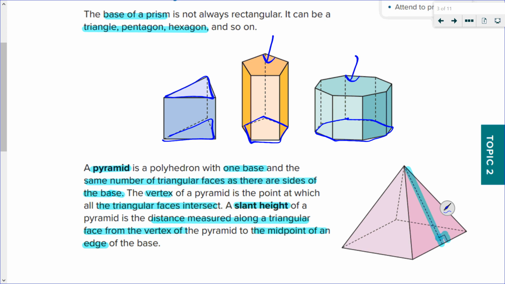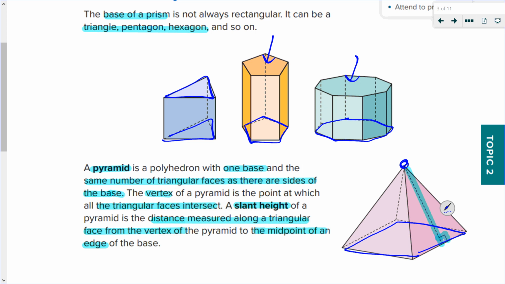For all pyramids, you're going to have a base shape. In this case, it was a square. The opposite side is always going to come to one point. So your biggest difference, prisms have 2 identical faces, pyramids have one base and a point opposite of them, a vertex.